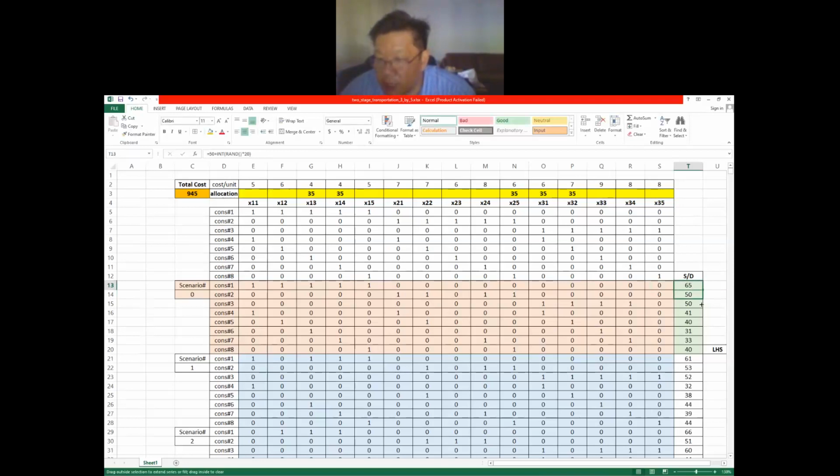This one is for 3 rows. And for each demand, it's going to be 30 plus the random integer value, rounded down, of the random number times 15. So this one generates the demand for each customer.